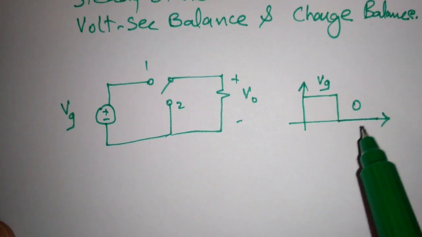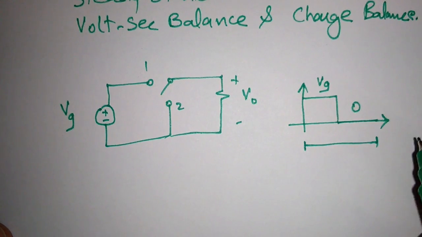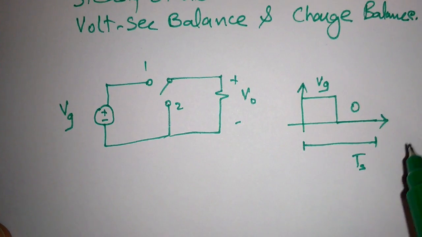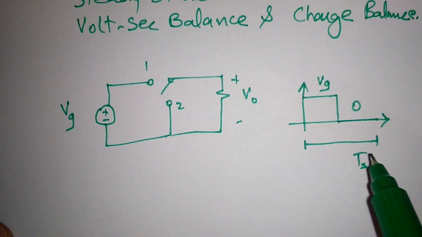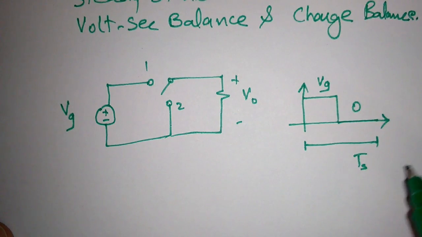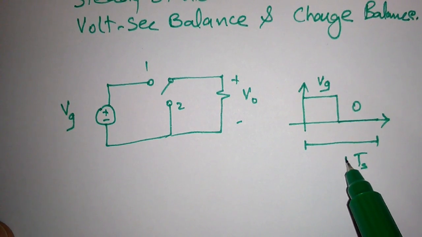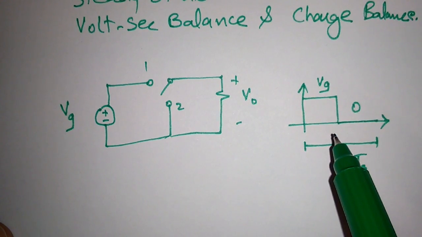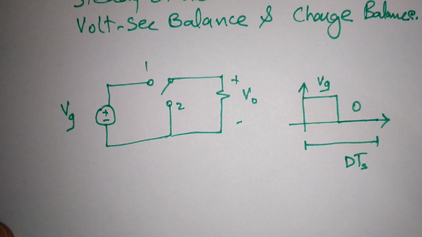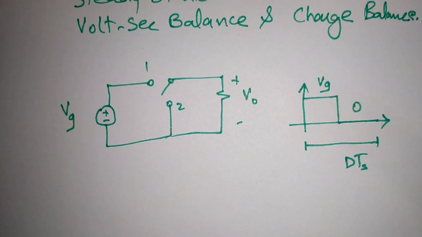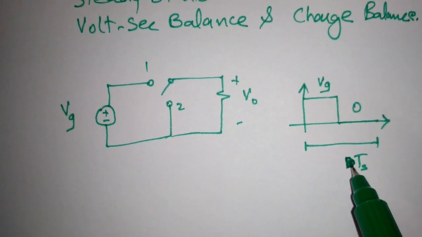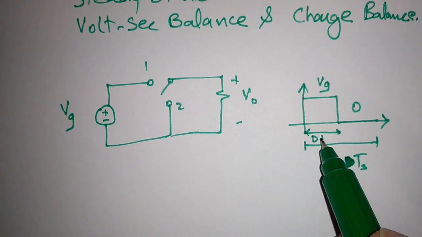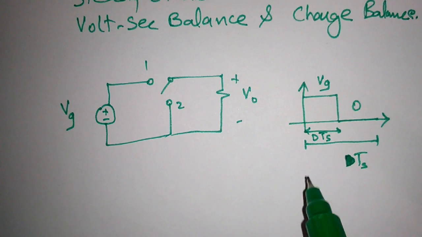The total time period is Ts and the duty cycle is D. Sorry, the total time is Ts and this amount of time is DTs. The D tells us the duty ratio.